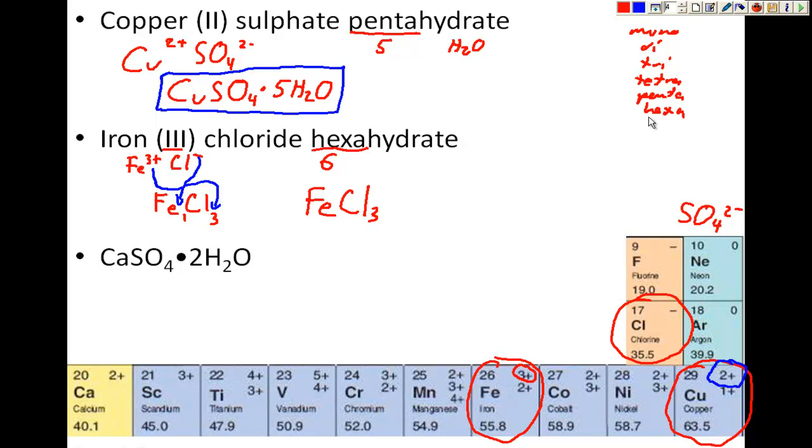Okay, but we only need to know this hexa right here. So it's going to be hexa, or 6, hydrate, which means water again. So iron 3 chloride and 6 water. Iron 3 chloride hexahydrate.